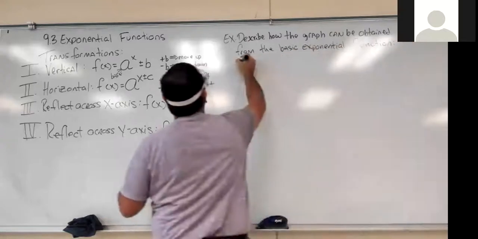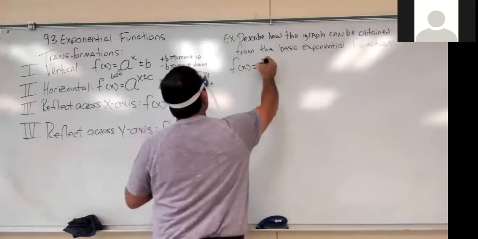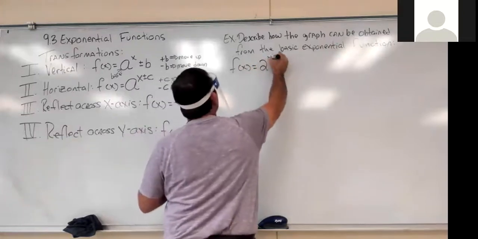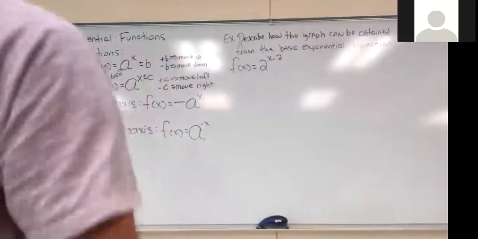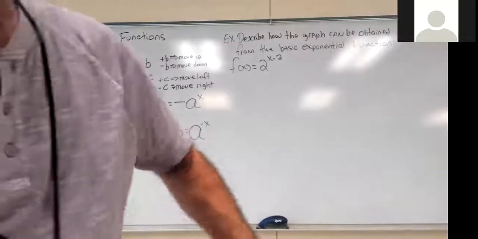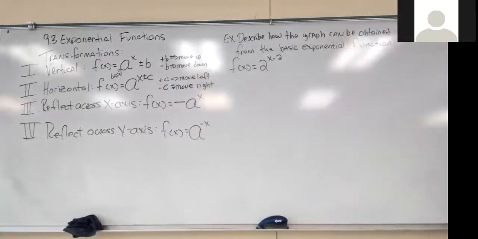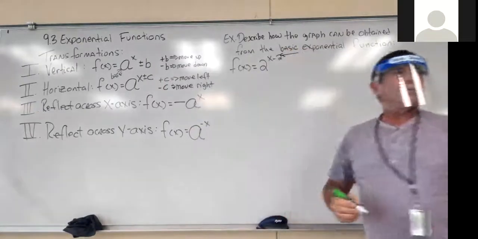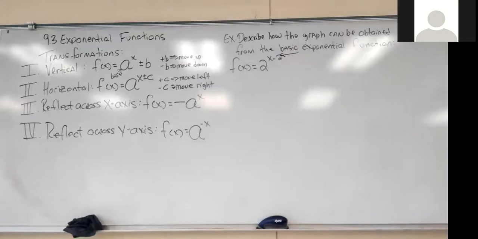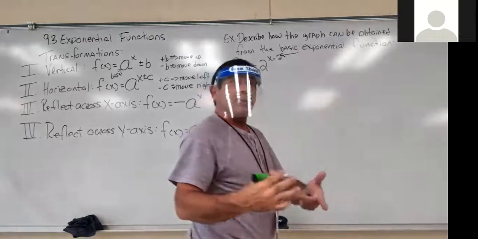So I'm going to have f of x equals 2 to the x minus 2. All I'm worried about is what that negative 2 is doing to my graph. In MATLAB, you have to tell it what you're starting out with, your basic graph.